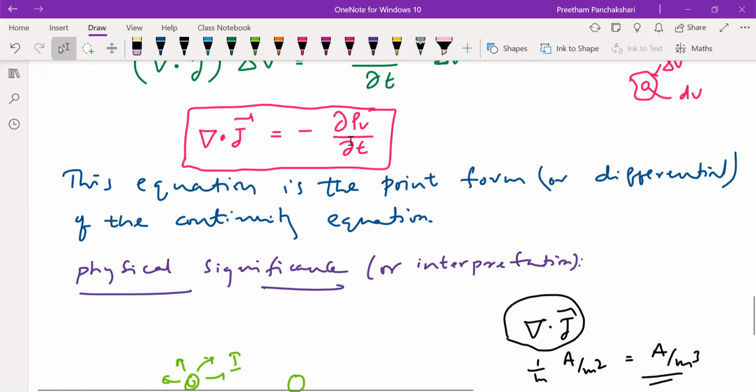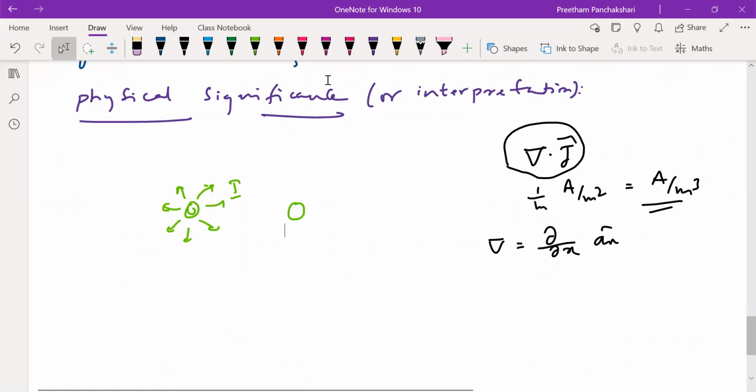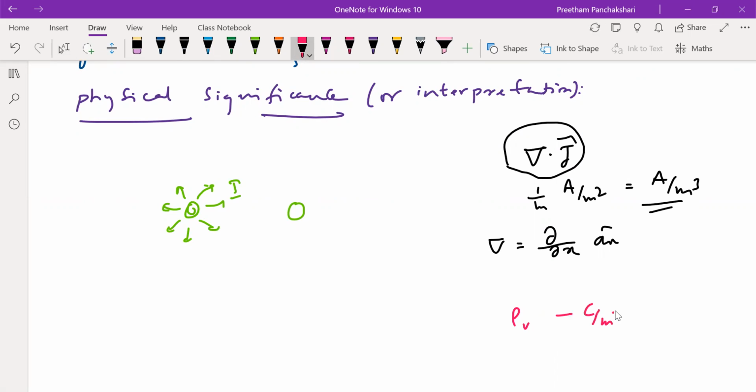Dou by dou t is change of something with respect to time, and minus dou by dou t means decrease of something with respect to time. The something is rho v. What is the dimension of rho v? It is coulomb per meter cube, that means charge per unit volume. So dou by dou t says the rate of increase of charge per unit time per unit volume.